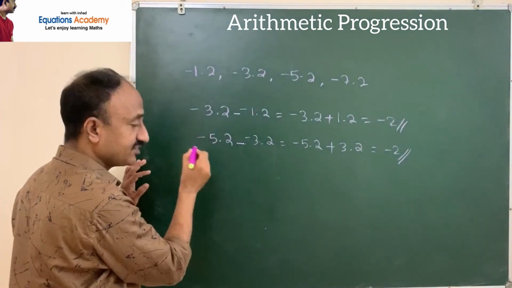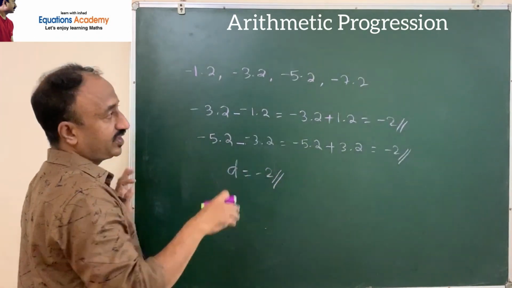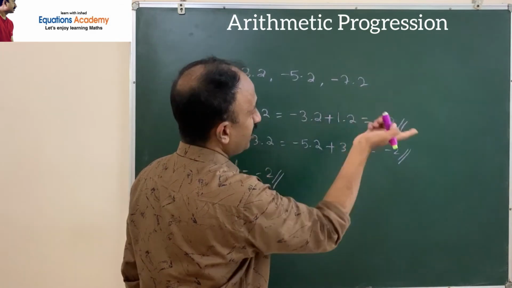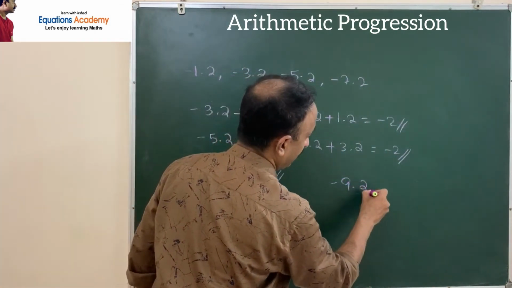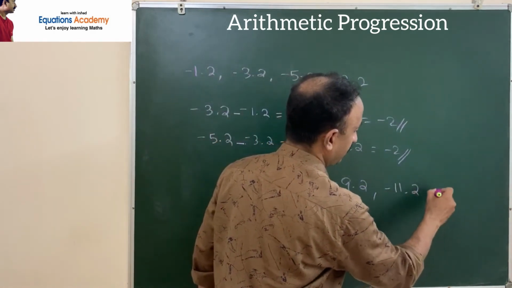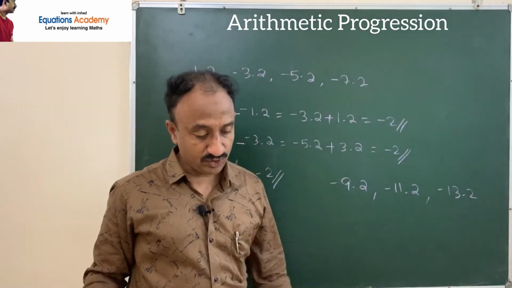So in this case this is an AP and common difference is minus 2. So we have to write three more terms. Minus 7.2 plus minus 2 will be minus 9.2, then again minus 2 will be minus 11.2, minus 13.2. These are the three more terms.